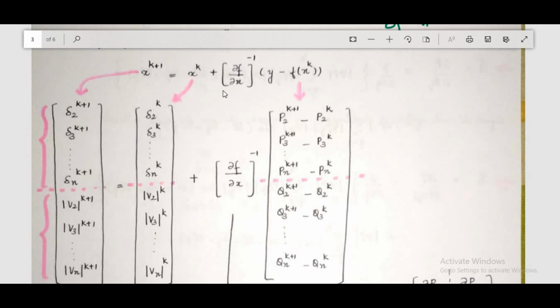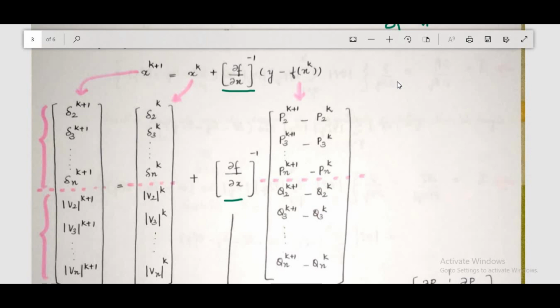Now we have one crucial matrix here, dou f by dou x inverse. Let that be like that; we will see to it later. Now, which all are the functions? We have mentioned that we have two functions, one is P and another one is Q. Now, is there any single P and single Q?